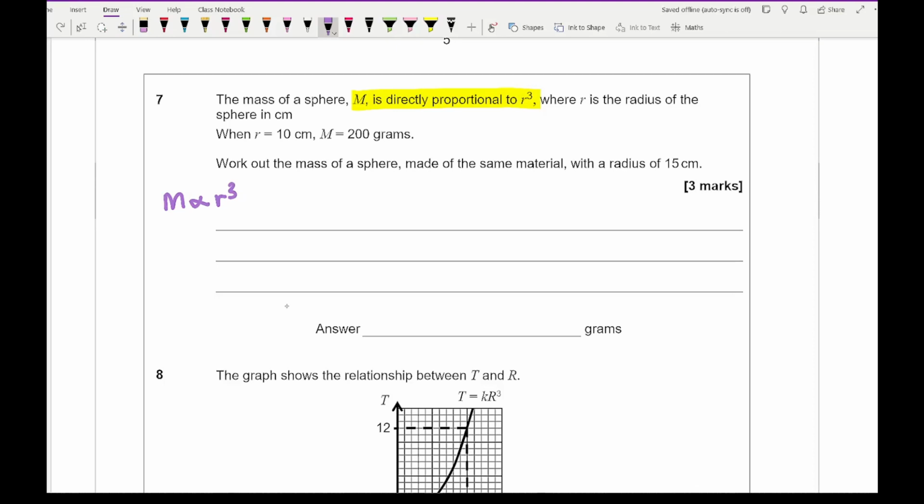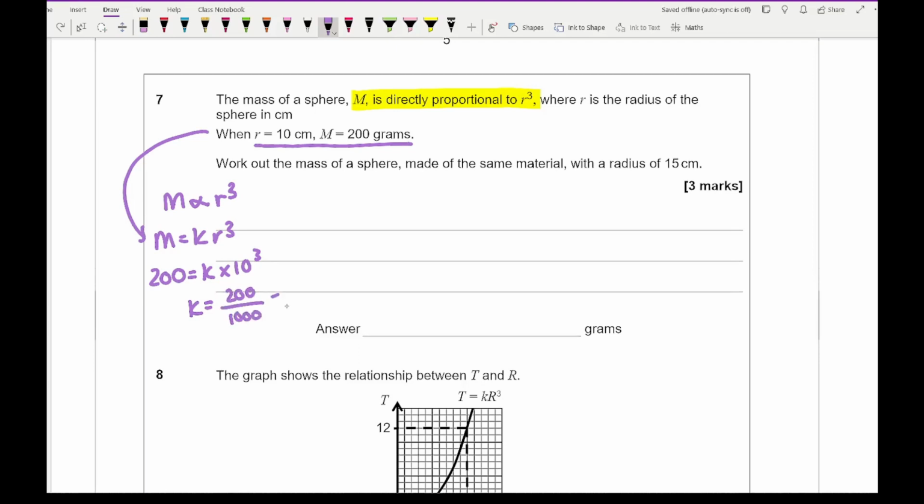Then I replace the proportional symbol with equals k. And then what I need to do is, using the given information, work out k. So here I've got 200 equals k times 10 cubed. So k is going to equal 200 divided by 1000, which is 0.2.